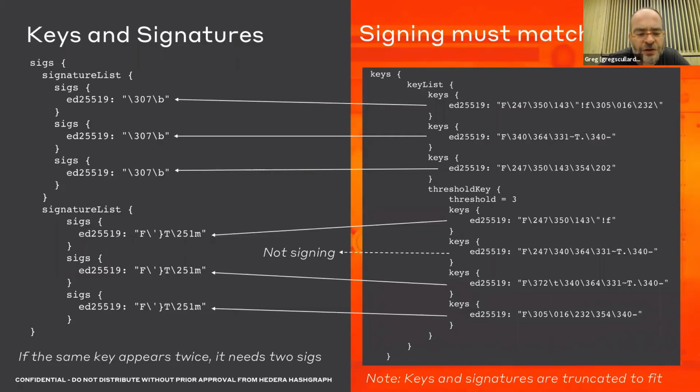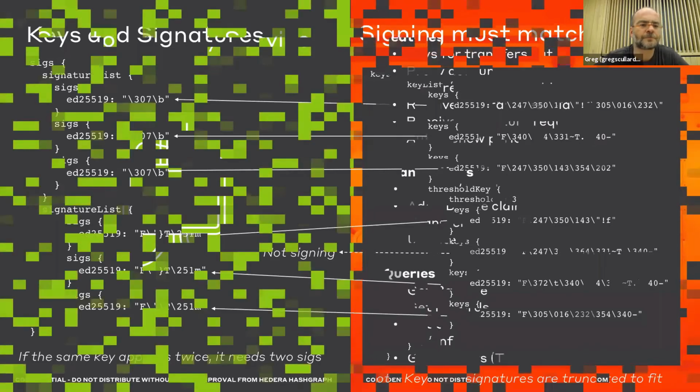There will essentially be a sort of key value pair, if you want, of public key and associated signature, which will make it much easier to manage from the clients. But the principles remain the same. You have to have those signatures for thresholds and so on.